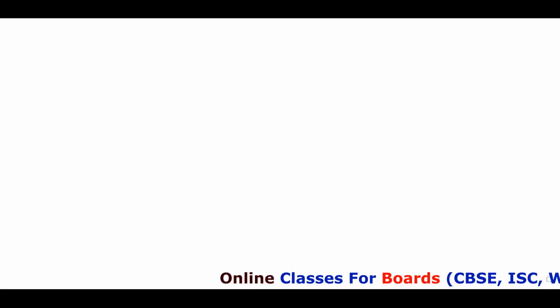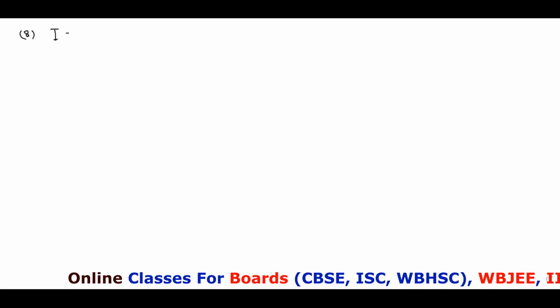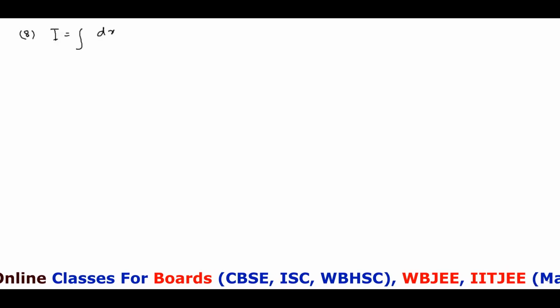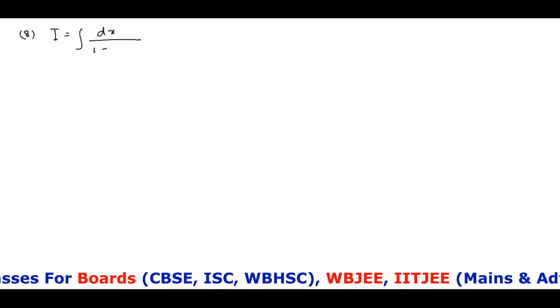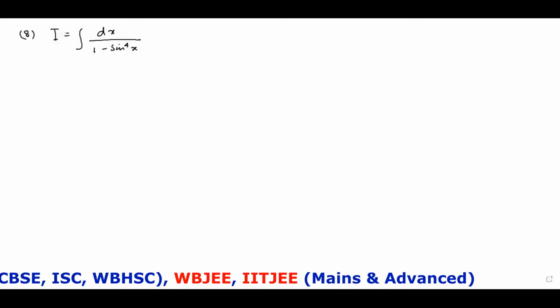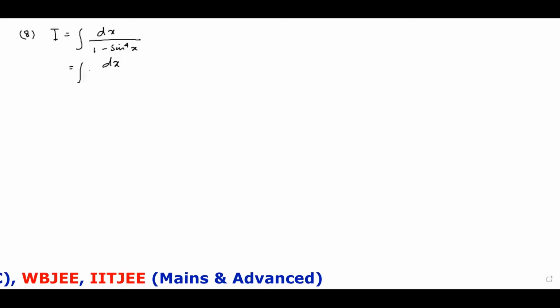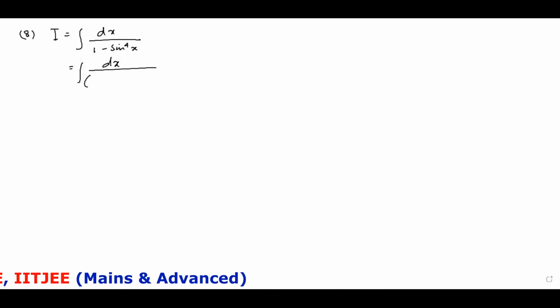In this question, we have been asked to evaluate the integral. The denominator I am expanding with the help of the formula a square minus b square, so it will be 1 minus sine square x into 1 plus sine square x, correct?